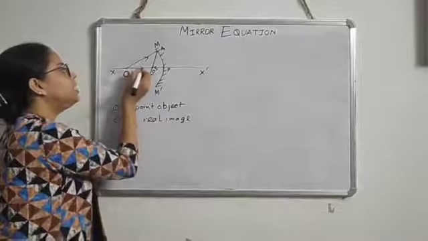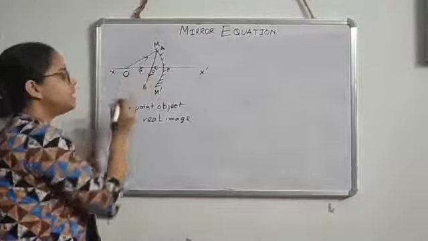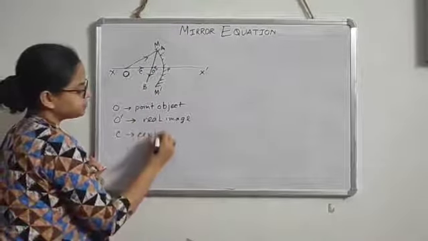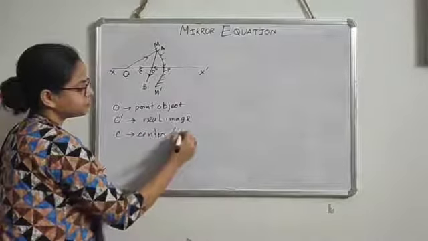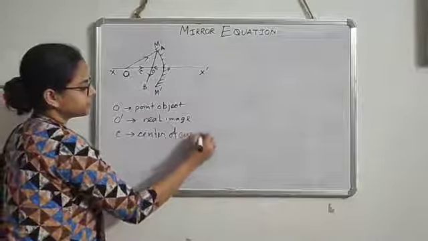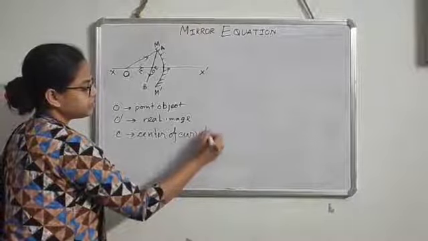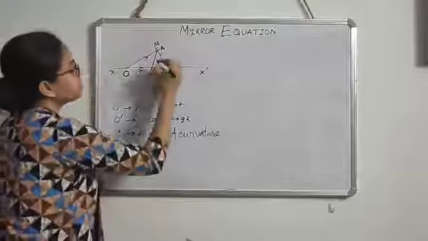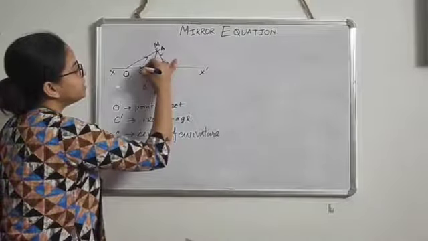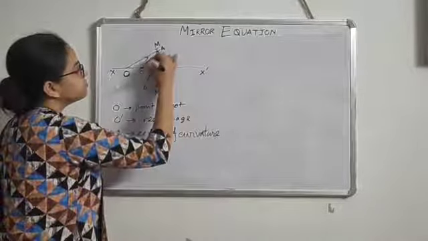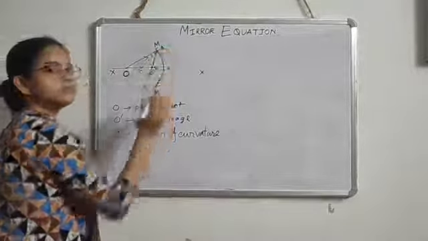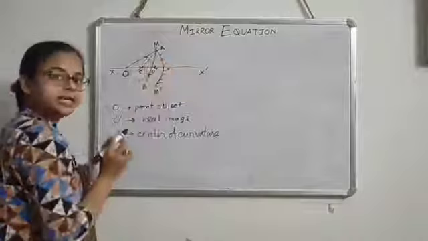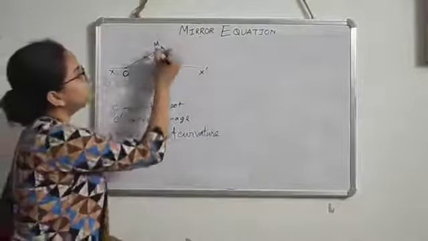And here C is the center of curvature. Let's draw a line from C to A. Okay. Now we know that CA is the radius that is normal to the surface.